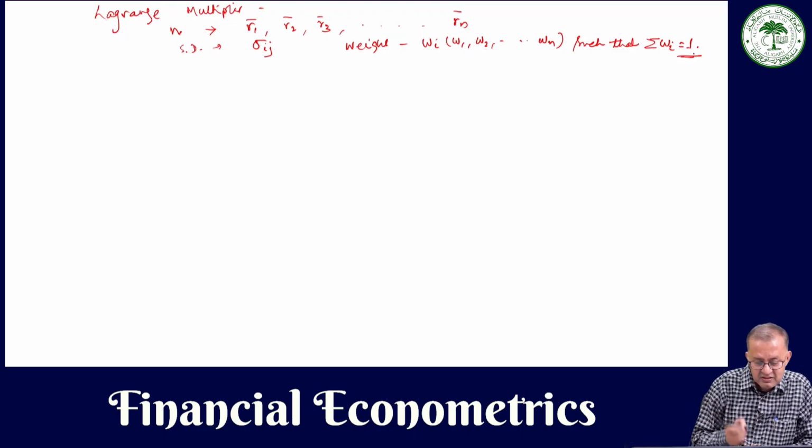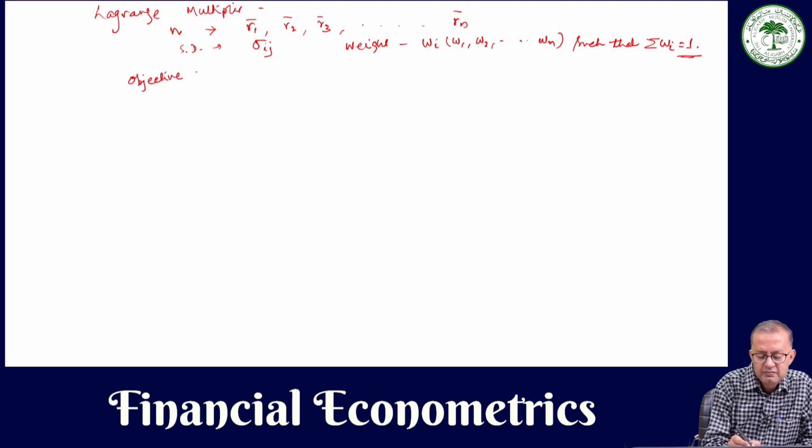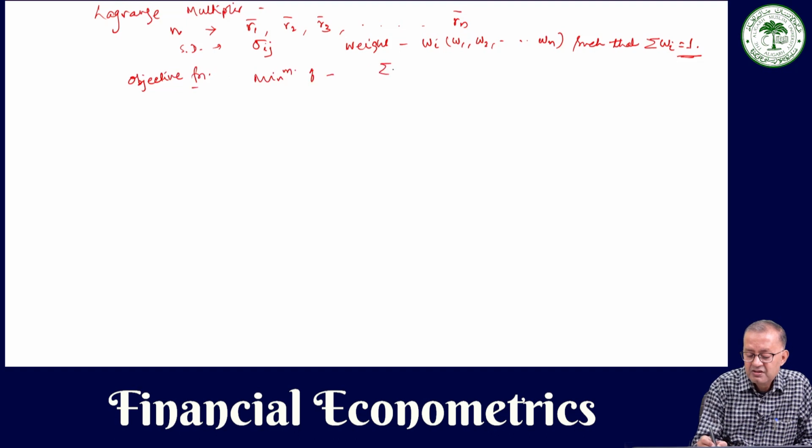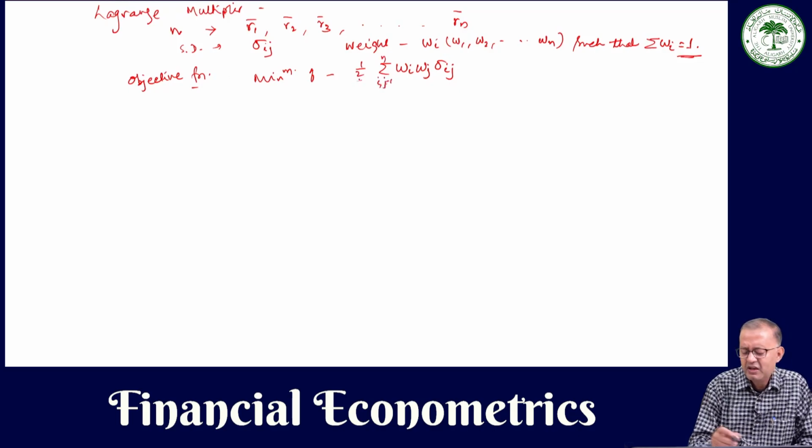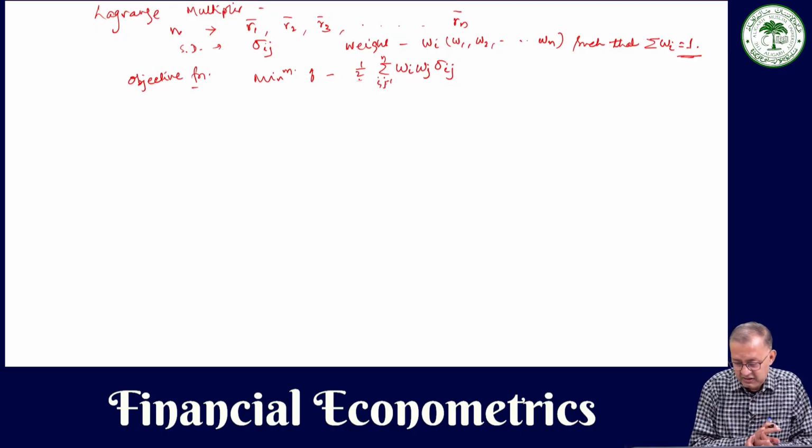So here the objective function is the minimization of half sigma Wi Wj sigma ij, where i, j go from 1 to n. The half, dividing by 2, we have taken just for the sake of reaching a concrete conclusion. We should not give much significance to this number 1 by 2.